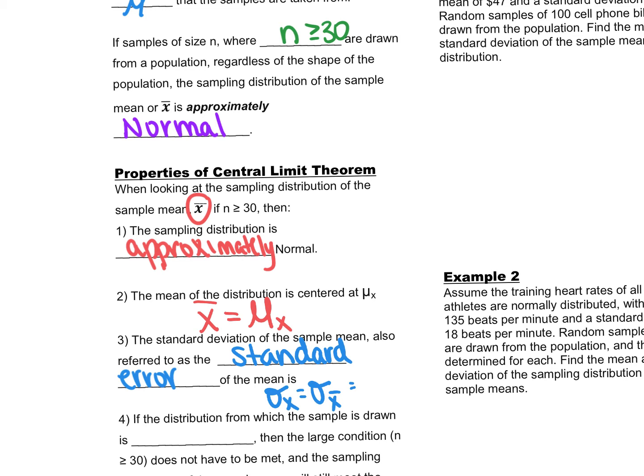Our new standard deviation, also known as the standard error, is the old standard deviation, sigma x, divided by the square root of n. So this is what makes it new: we're dividing by a square root.